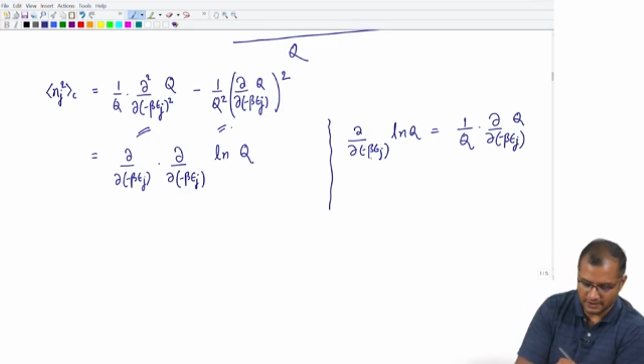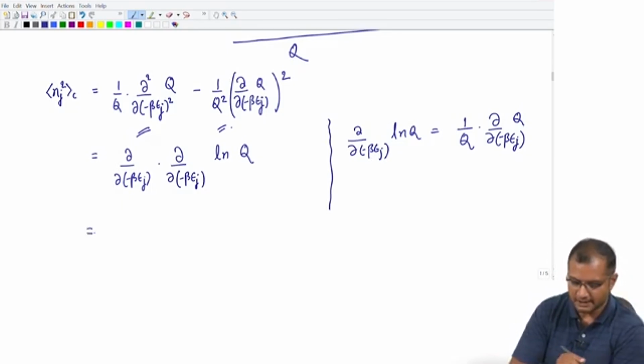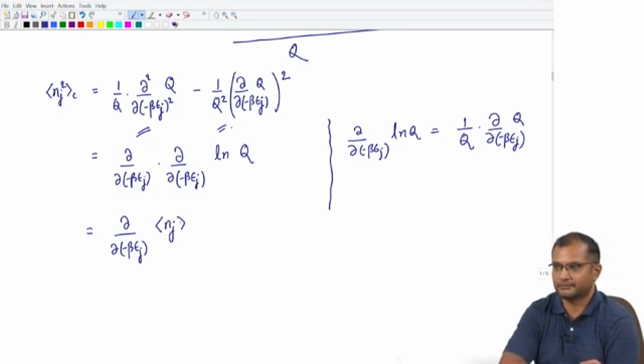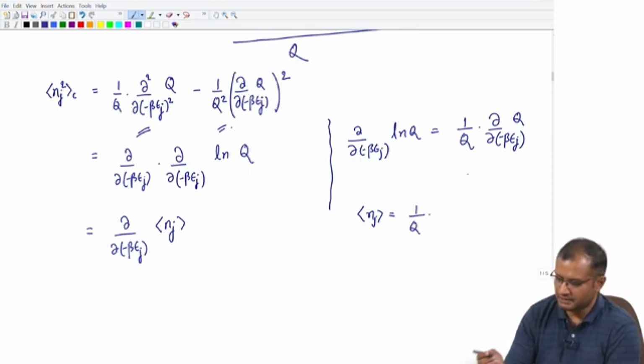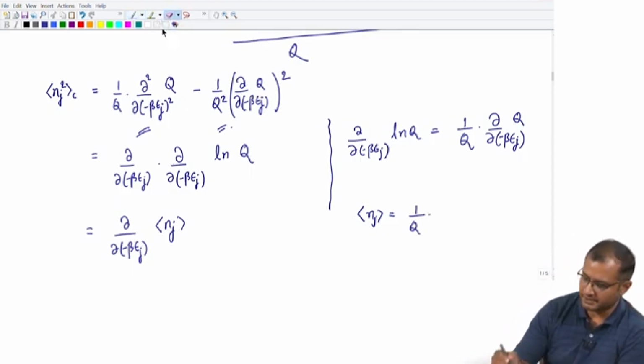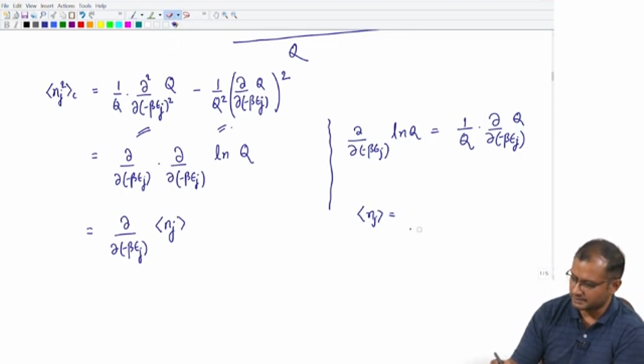So, here you can see that by the definition of average occupation number, the innermost derivative is nothing but average N j. Because we know that the average N j is nothing but 1 over q. This I think I have already written here, so I can simply ignore all that.